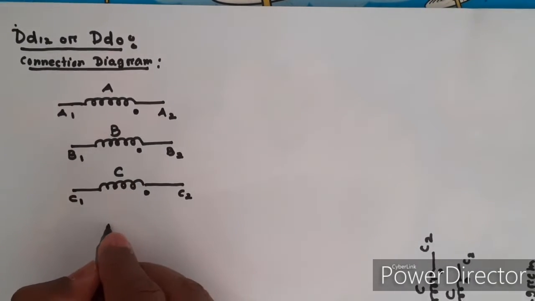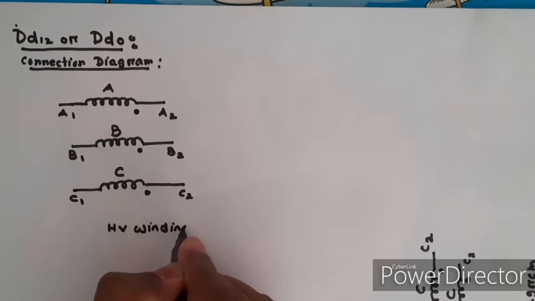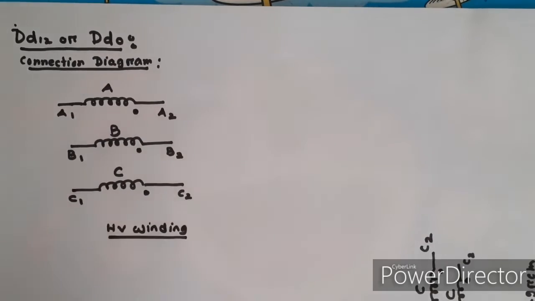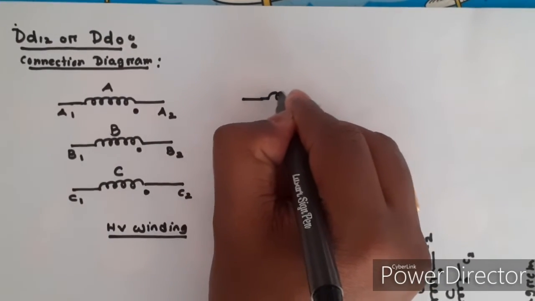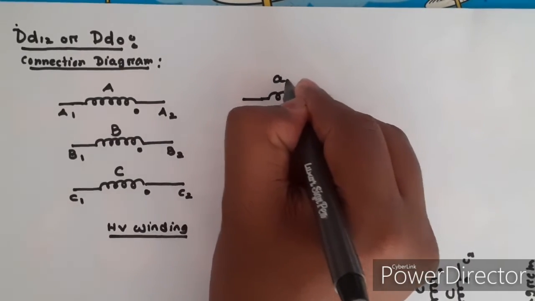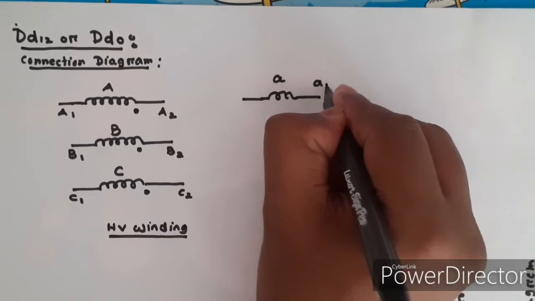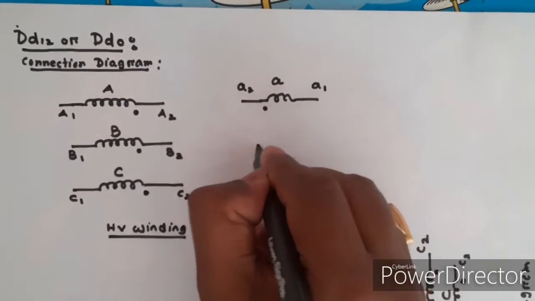This is HV winding. For LV, this is the A phase, starting is A1, end is A2. End is represented by a dot.